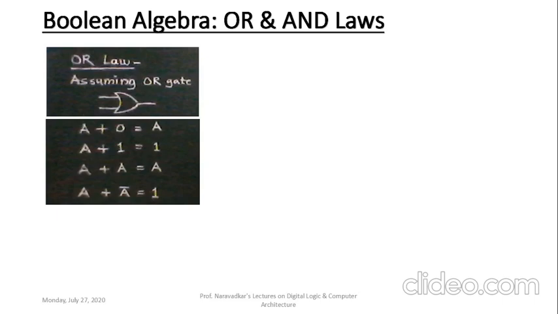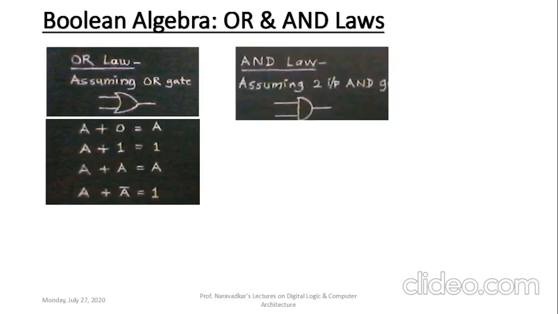Now next is the AND law. Now in case of the AND law here, we assume a two input AND gate. Clearly shown just below. This is a two input AND gate.